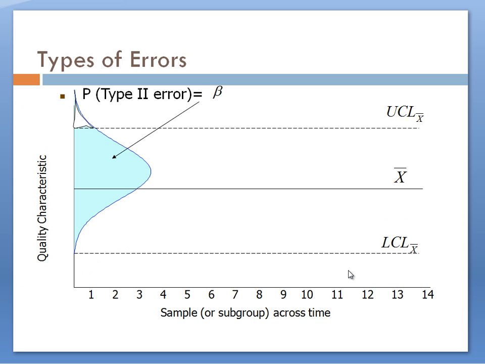If you have a type 2 error, it will be in between those upper and lower control limits. And this is because you're thinking that everything is under control, but in reality it is not.